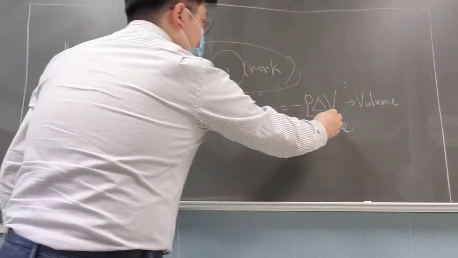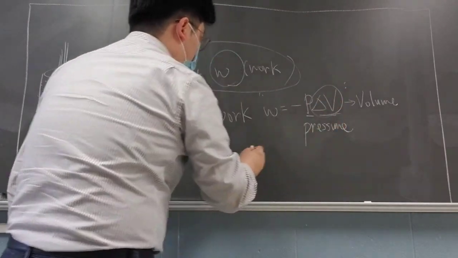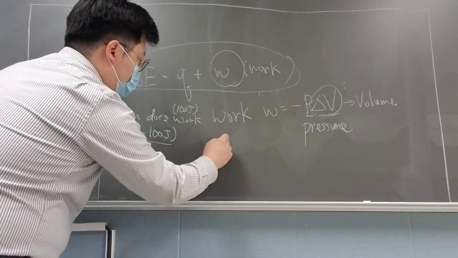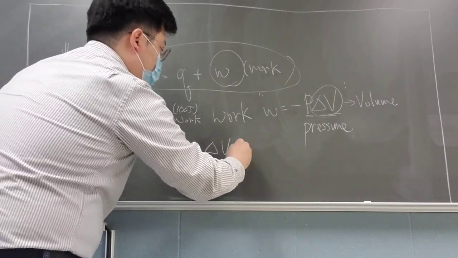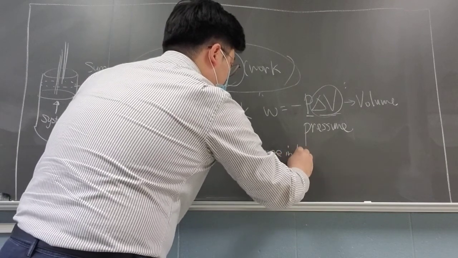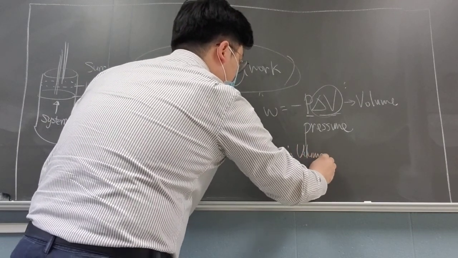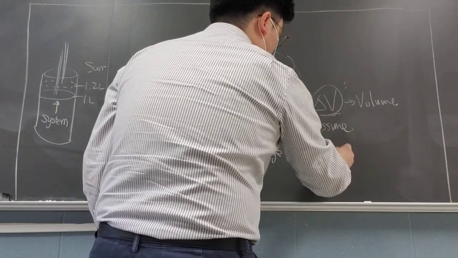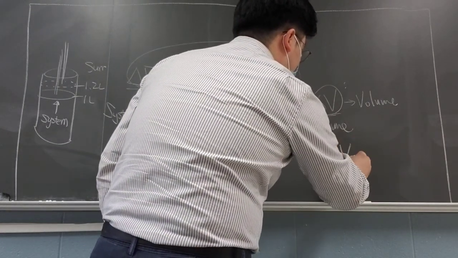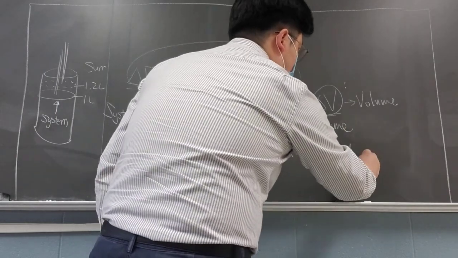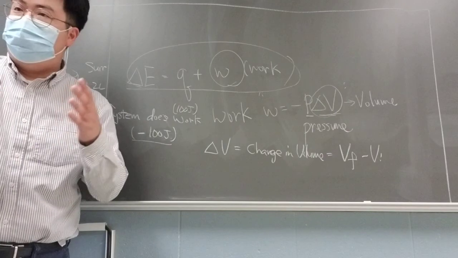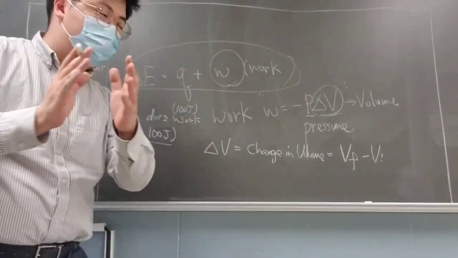So let's try to do this one for the moment. Delta means change in something, so delta V is the change in volume. And it's always the same, like we did for the change in temperature: it is the final volume minus the initial volume.